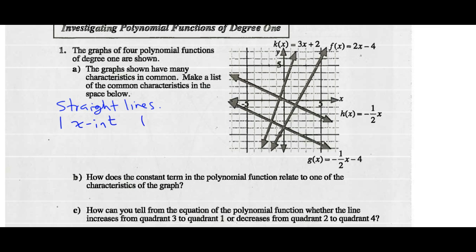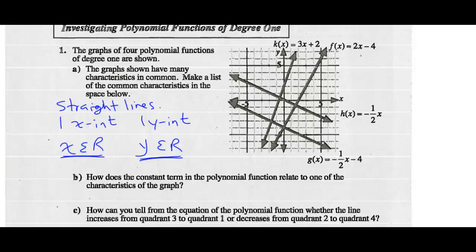They all have one y-intercept. Their domain is x is any real number, and their range is y is any real number. So these graphs go forever right and left. Domain's any real number, forever up and down. Range any real number, that's why they've got arrows on them.